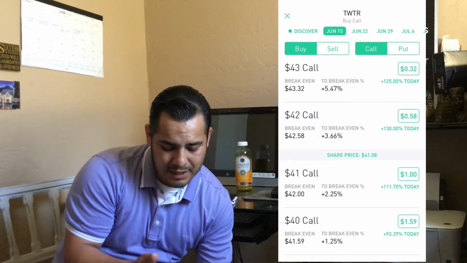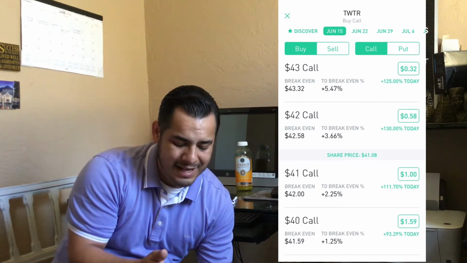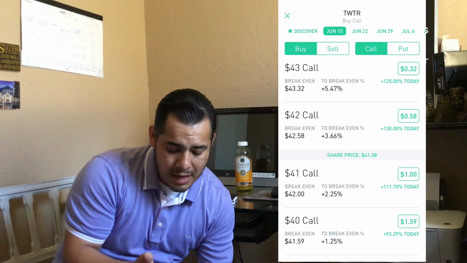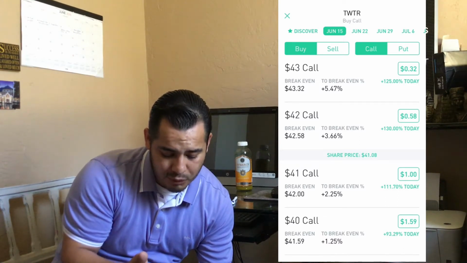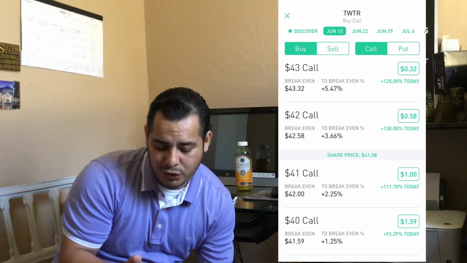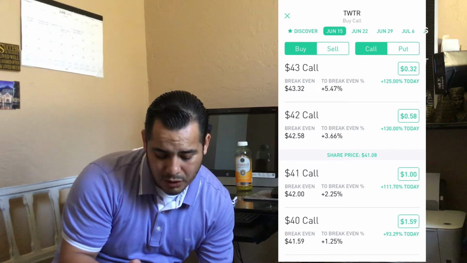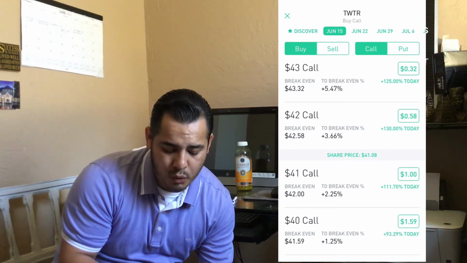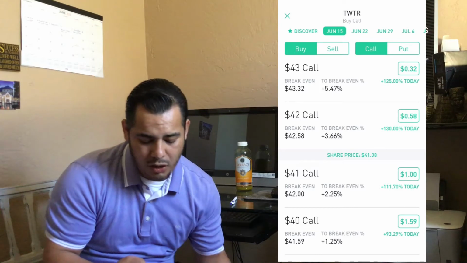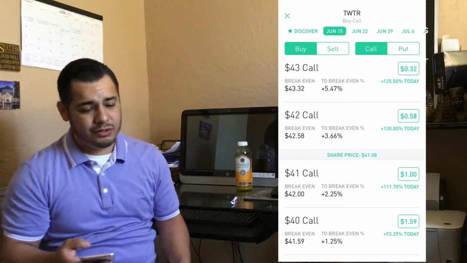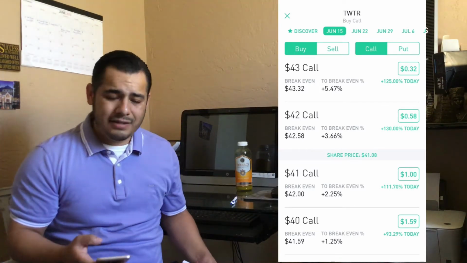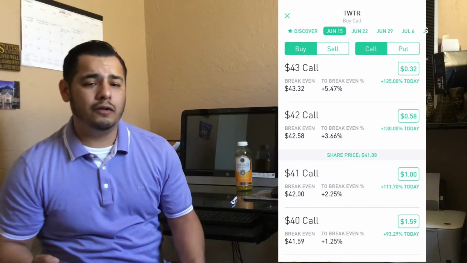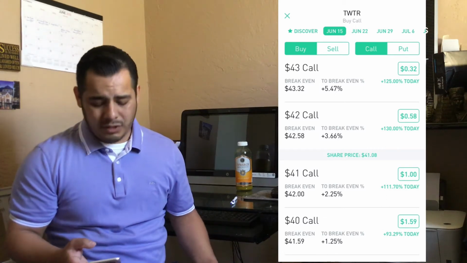Right now, the price is at 41.08, as you can see right here. And I want to buy a call, for example, at $42. It expires on June 15th. So if the stock goes up to $42, then I'm making a profit. It doesn't have to reach $42 for me to sell it. You see what I'm saying?